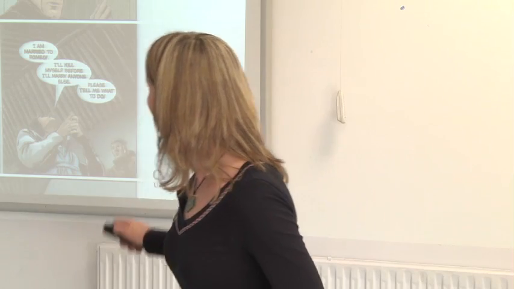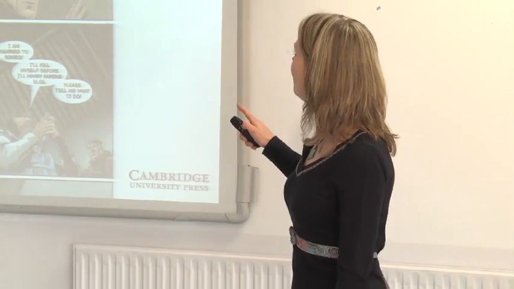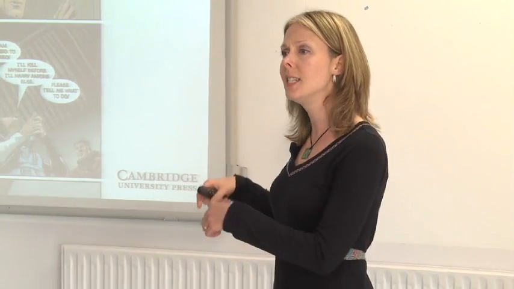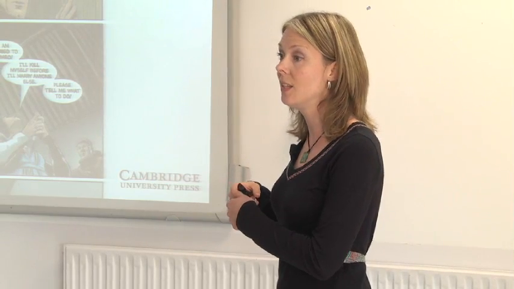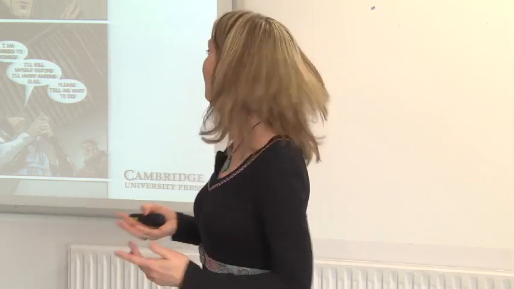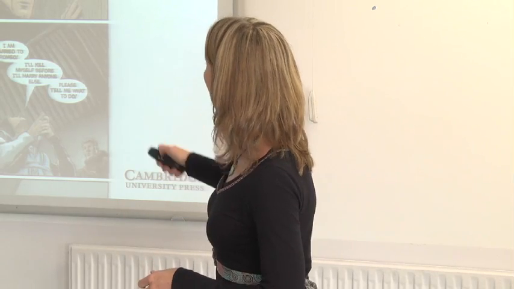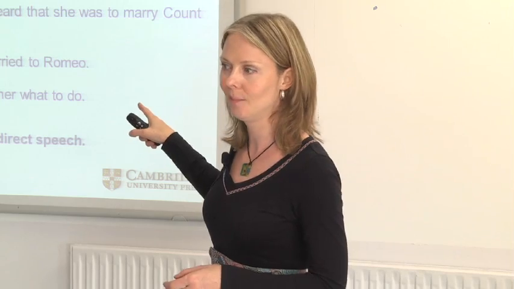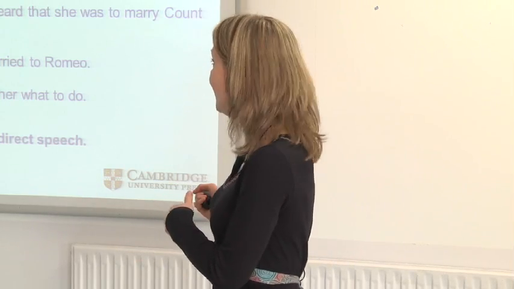So here, for example, we've got an extract from Romeo and Juliet, the graphic novel. This is a simplified version of the text, so this is quite a nice one to be able to use with EFL students because obviously reading original Shakespeare is quite difficult for them. And what you then do is you could give them examples in reported speech, and try and get them to work out what the characters actually said.